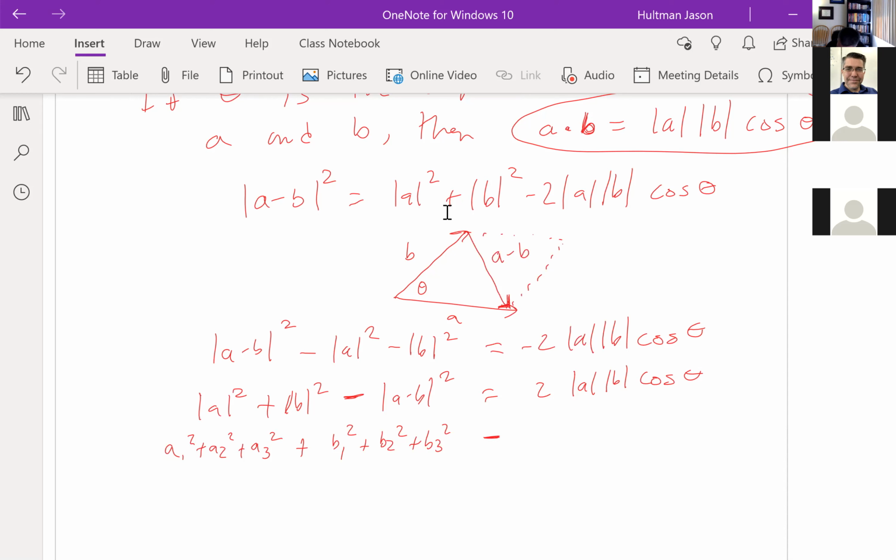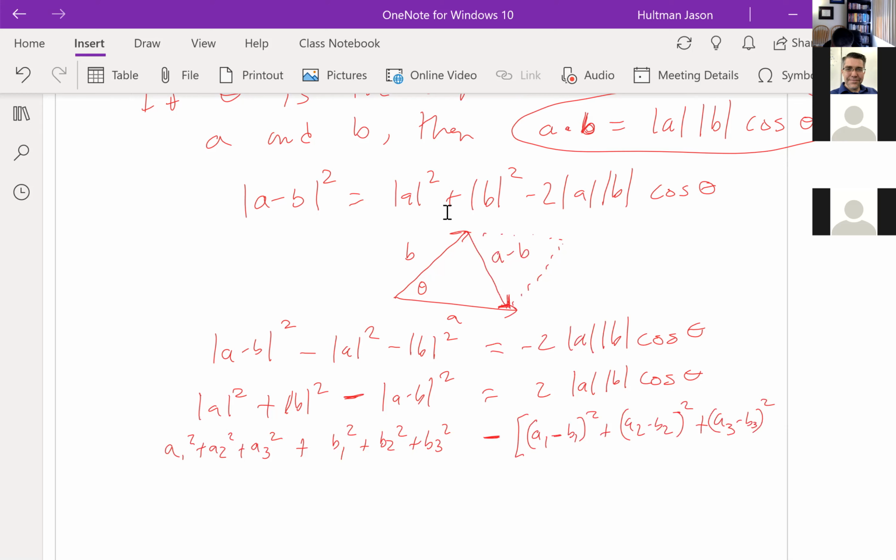Minus the magnitude of A minus B squared, so this is going to be A1 minus B1 squared plus A2 minus B2 squared plus A3 minus B3 squared.